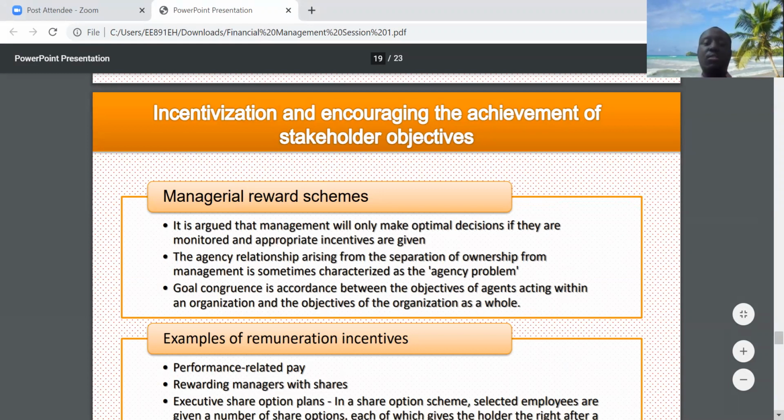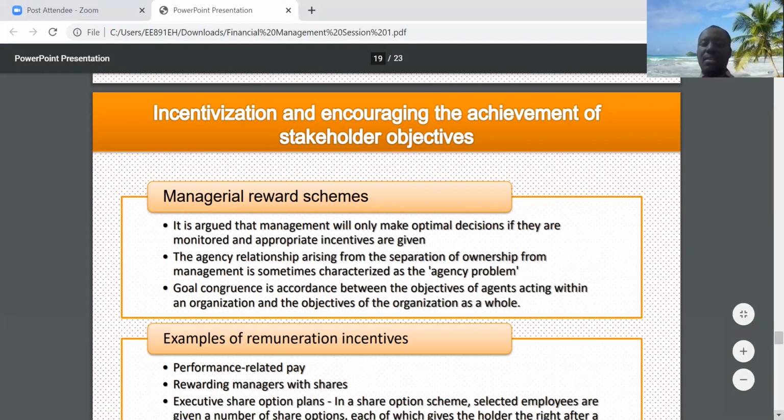So we need to ensure what is called goal congruence. Goal congruence is basically the agents, who are the managers, acting in line with the organizational goals. They are not acting for their own selfish interests, but in line with the organizational goals.